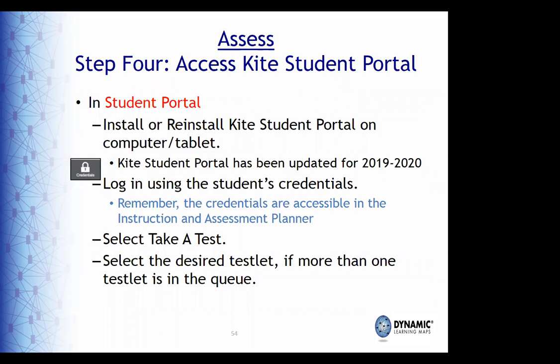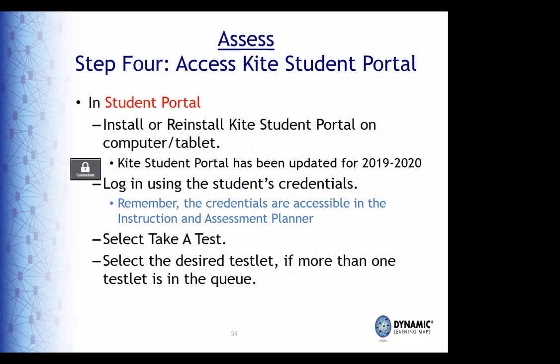Next step would be to log on to the computer that the student is going to be taking the test on. If it's computer-based, or if the teacher's doing the test for the student, you're still going to need to log on to that computer. Install or reinstall the Kite student portal.